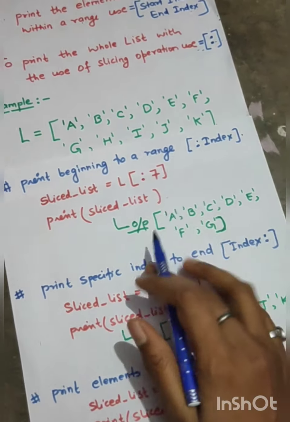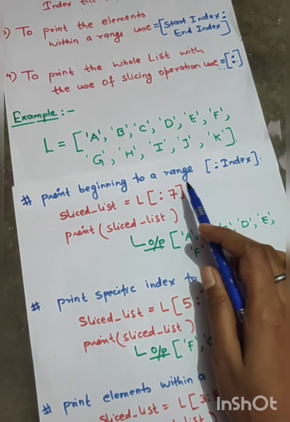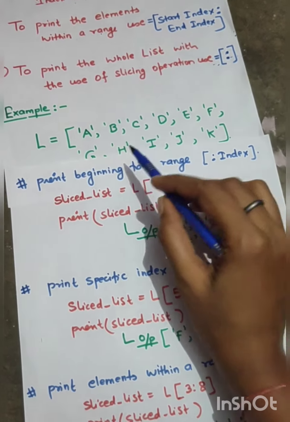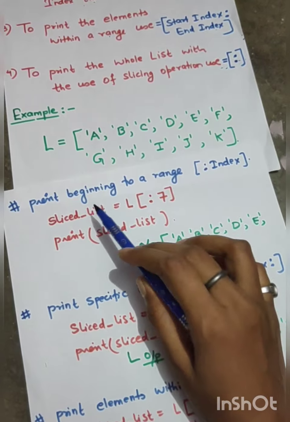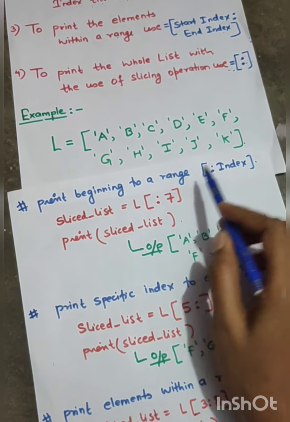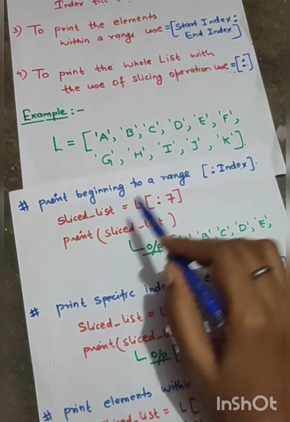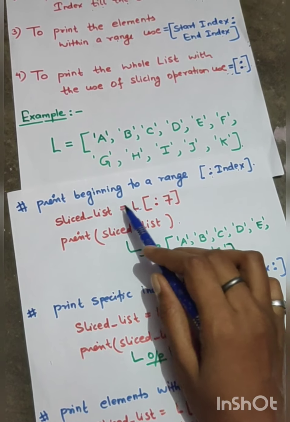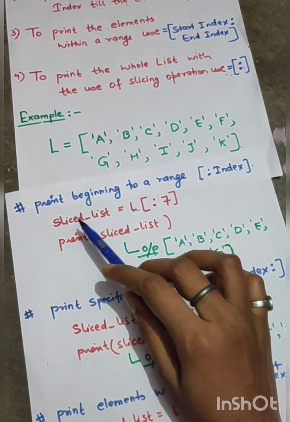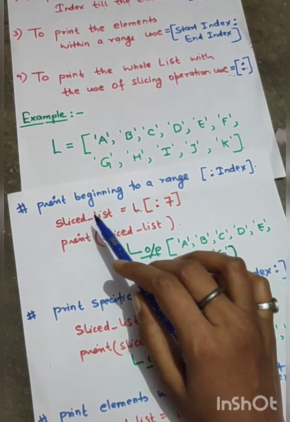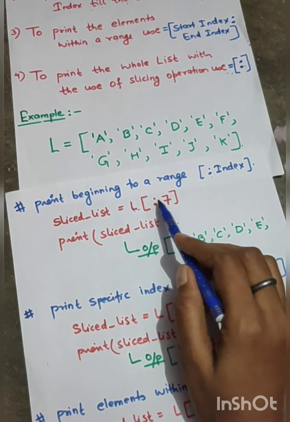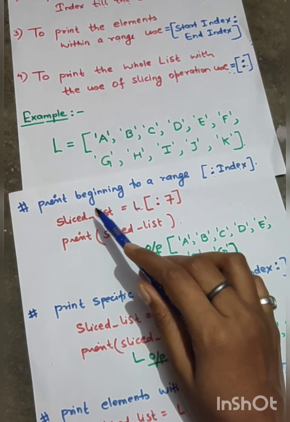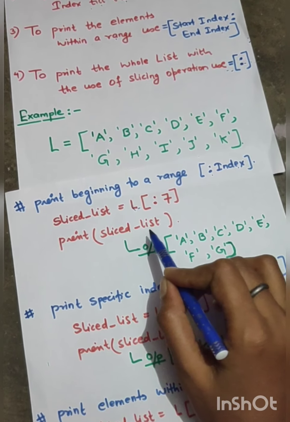So I am printing beginning to a range. Here A, B, C, D, E, F, G, H, I, J, K. I want to print from beginning to a range, so I am using colon index. Here I am taking the list and assigning it to the slice list because I want a part of the elements of that list. You can simply print L colon 7 also, but I am assigning it to another variable. I am printing the slice list.